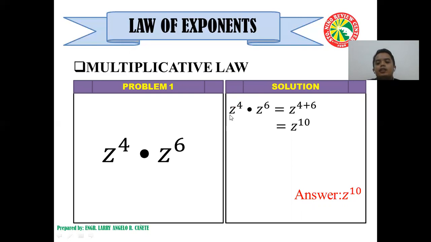You have a base z and z, so it satisfies the requirement that they must have the same base. So you simply add exponent 4 and exponent 6. Therefore, 4 plus 6, and simplifying further, that is 10. So the answer is z raised to 10.